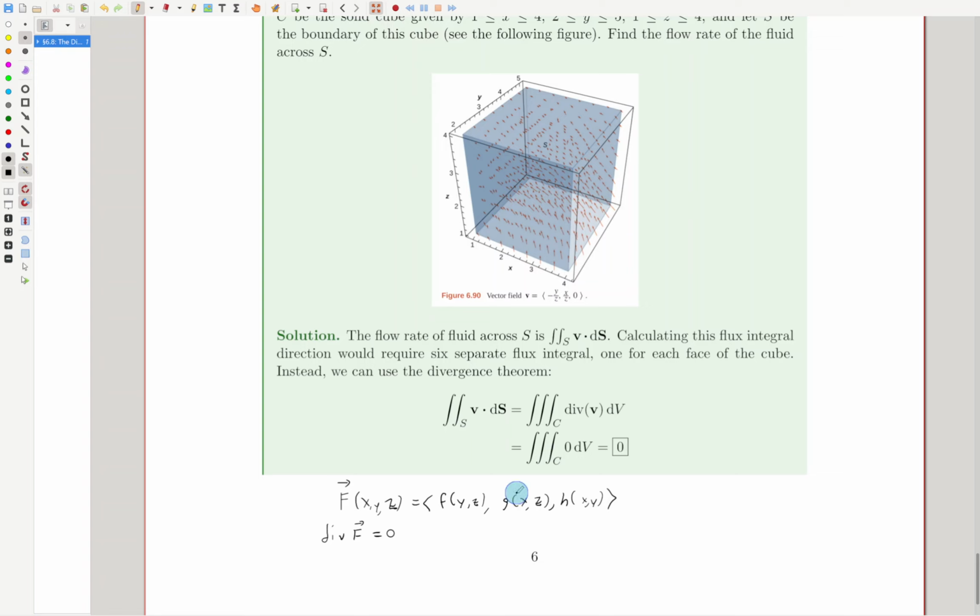Vector fields that are nice like this simplify drastically, so much so that you don't even need to compute an integral after you've applied the divergence theorem.